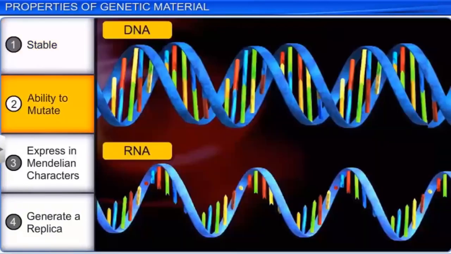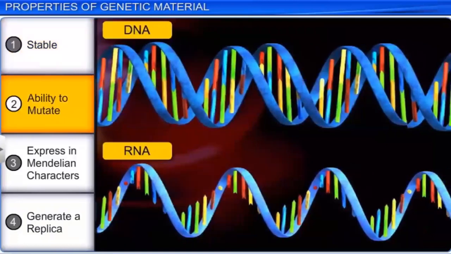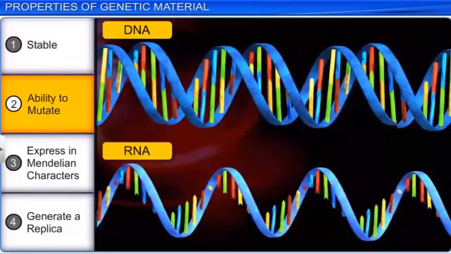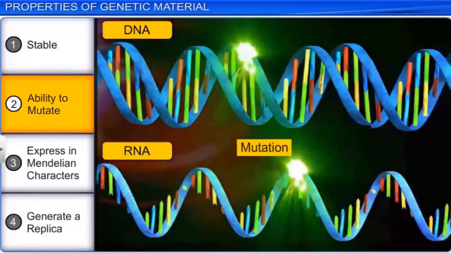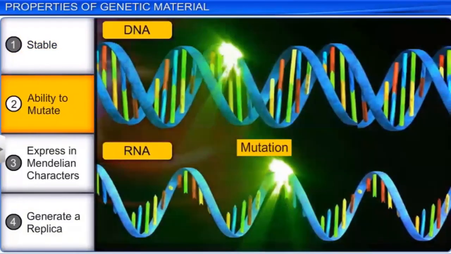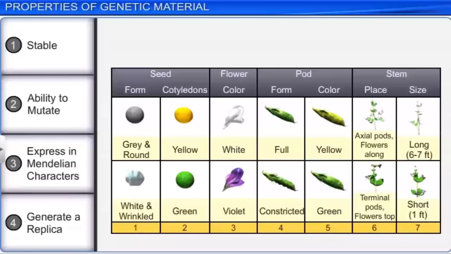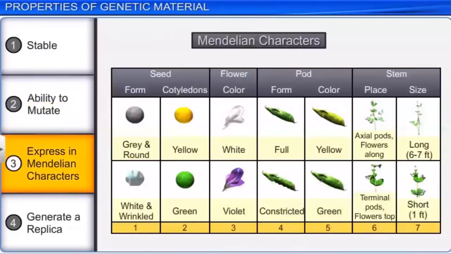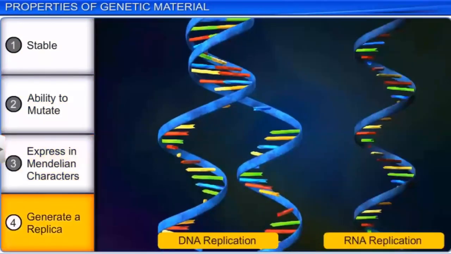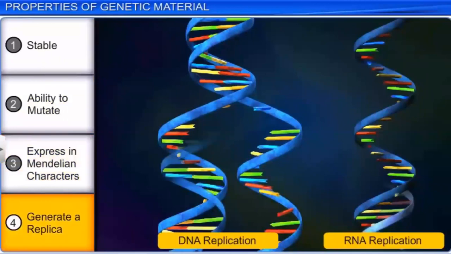Yet, despite stability, the molecule should provide scope for slow changes or mutation that is necessary for evolution. Further, the molecule should be able to express itself in Mendelian characters and also be able to generate its own replica to become a genetic material.